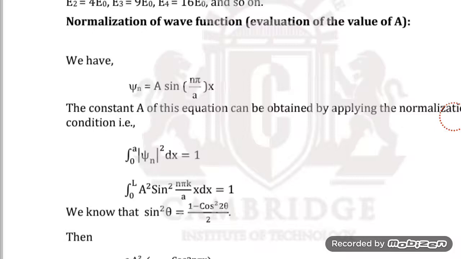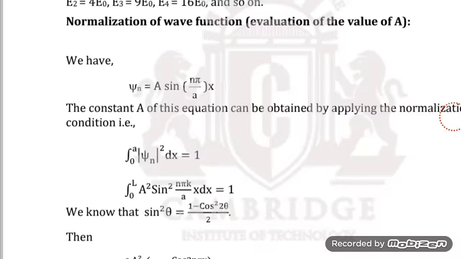By putting the function we have psi star psi dx. As we know, psi star is the complex conjugate of psi, that is, iota is replaced by minus iota, so we can write it as A squared sin squared n pi x by a dx, and it should be equal to 1.